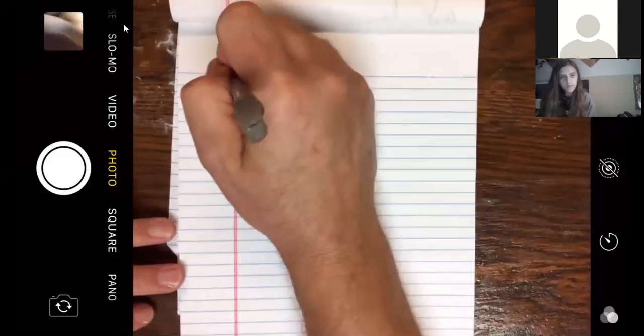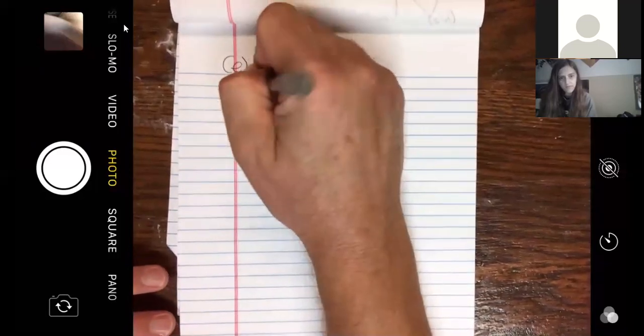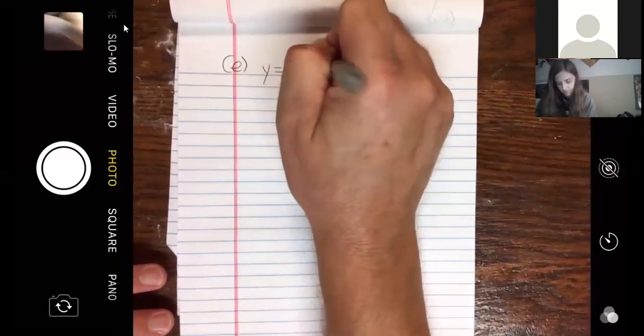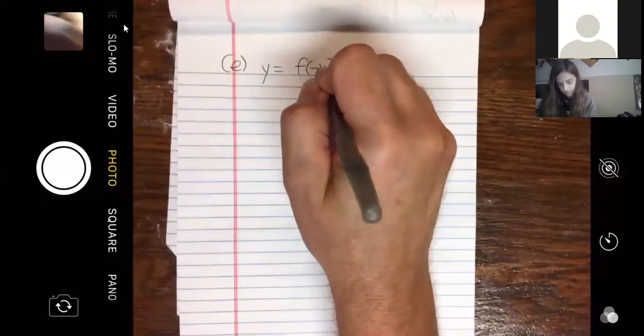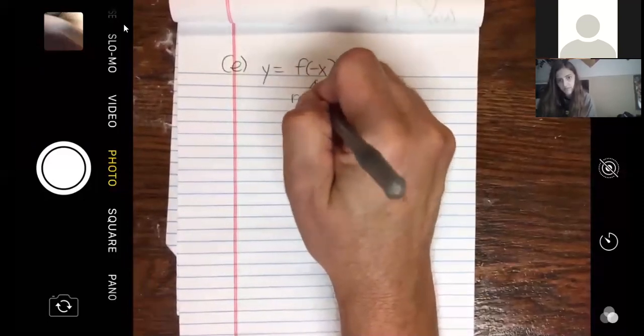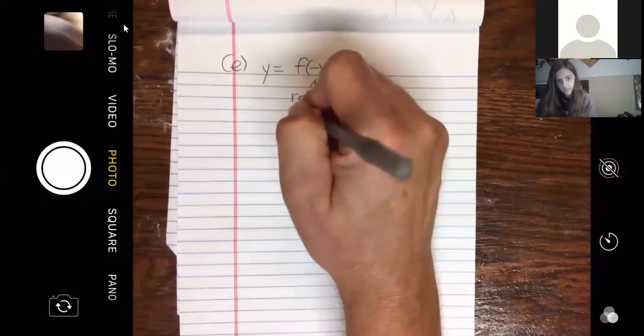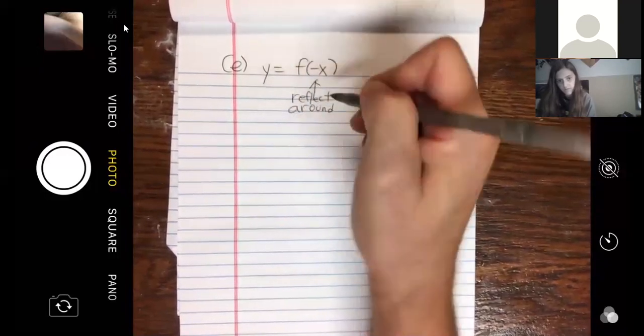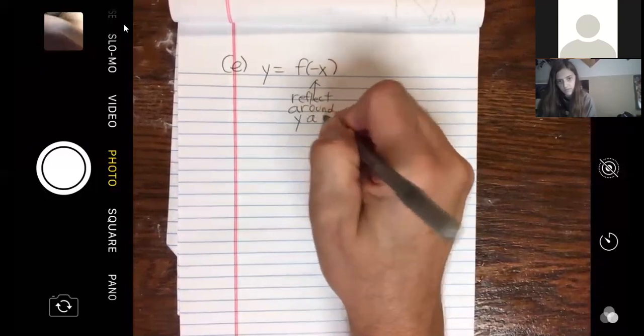F of negative x. I don't know if you were there at Monday's Zoom meeting, but the negative inside meant reflect around the y-axis.